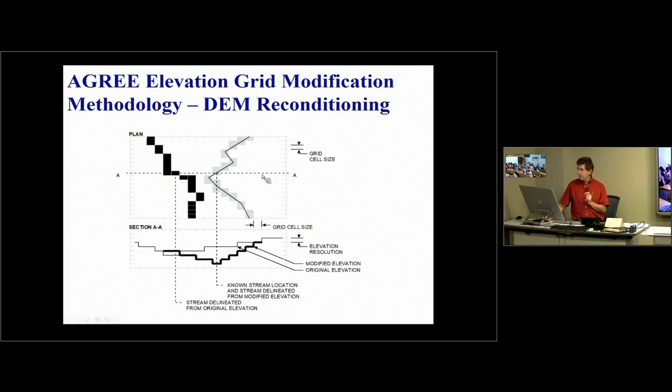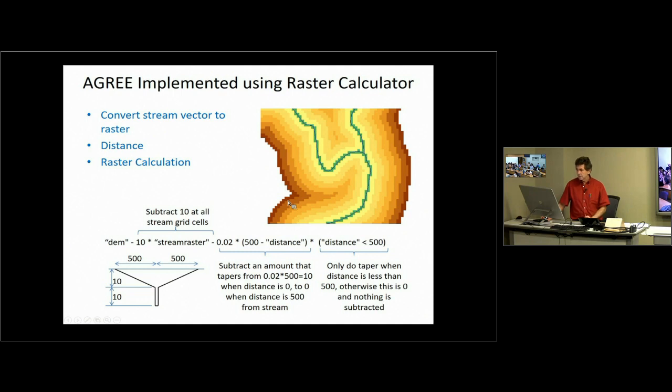So I've got another slide that attempts to illustrate that, and this is how you could actually implement that method with the raster calculation framework that we've seen. The procedure would be first to convert the stream vector to a raster. So here we've got the blue lines that represent the stream. They would be converted into these light blue-green grid cells.